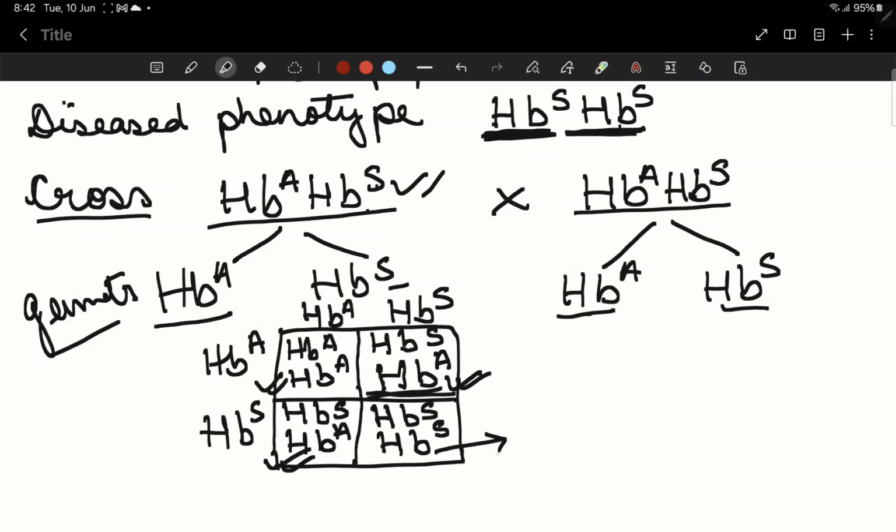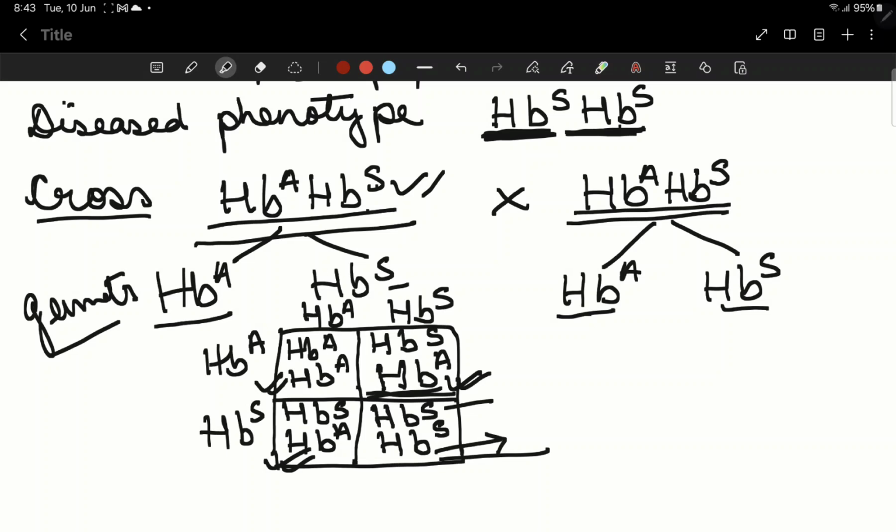But what about here? See this condition, it's a homozygous individual, and here both the alleles forming the genotype are affected. So this individual will be an affected person. We can say he will be a patient of sickle cell. So what we have learned from this cross is that sickle cell anemia will be transmitted only to the individual whose parents are both carriers of the disease.